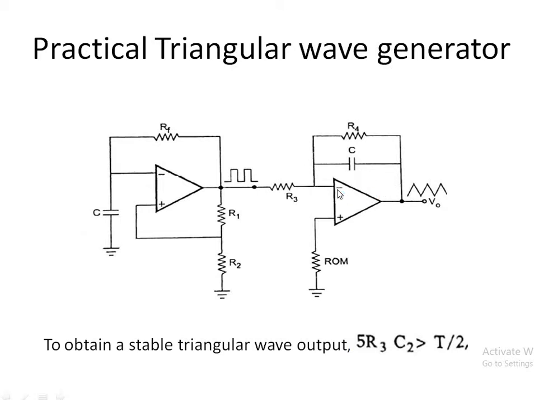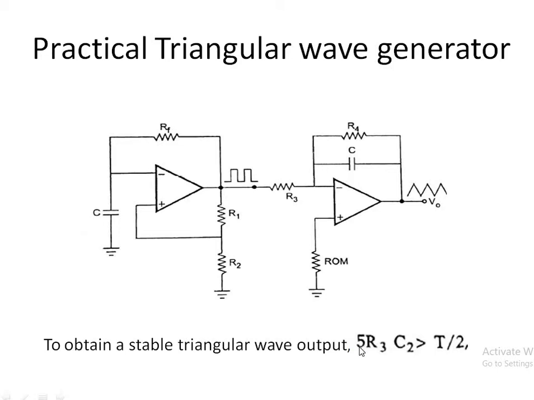Now, in the triangular wave generator, in order to get a stable triangular wave output, there is a condition that is to be satisfied, which is given by 5 times R3C2 should be greater than T by 2, where T is the time period of the output triangular wave.